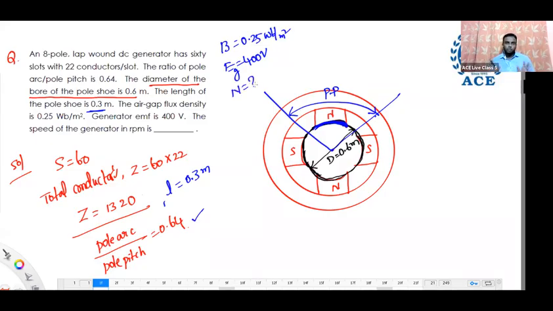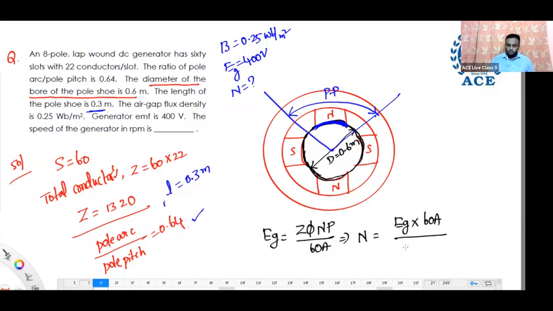So finally you have to use the EMF equation. What is the EMF equation? E equals Z phi N P by 60 A. In that, every value is given; the only unknown is the speed of the generator N, that is N equals EG into 60 A divided by Z phi P. EG is given, and as it is lap connected, A equals P, 8 poles are there, and Z we calculated as 1320.